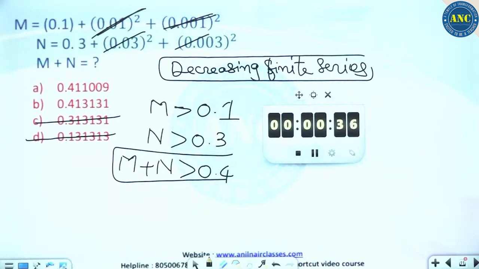299. Please try to solve the question and tell me the answer. Please put your honest efforts and say the answer.